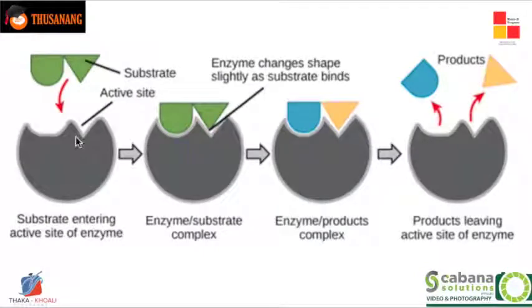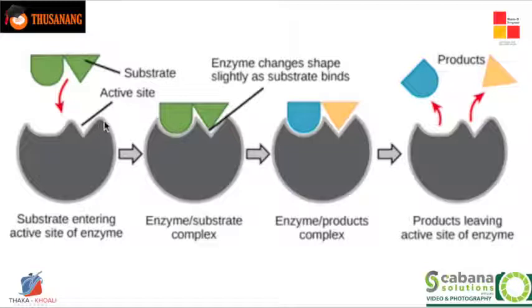Now, if the temperature is way beyond the optimal temperature of the enzyme or way below it, you will find that the active site in which the substrate is supposed to bind will be distorted. It will change shape because of the temperature that is beyond the optimal temperature.